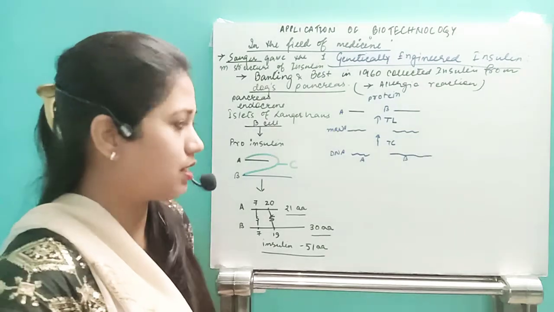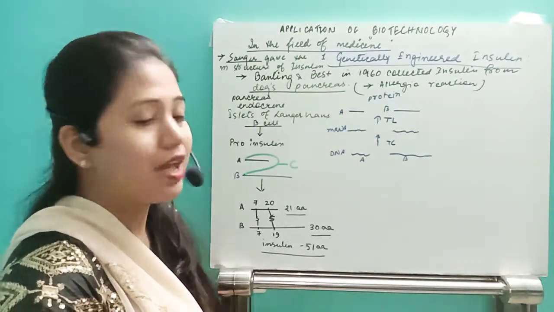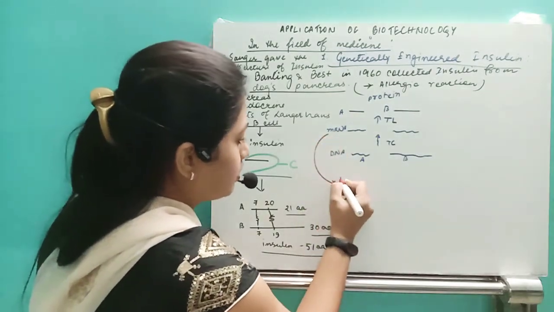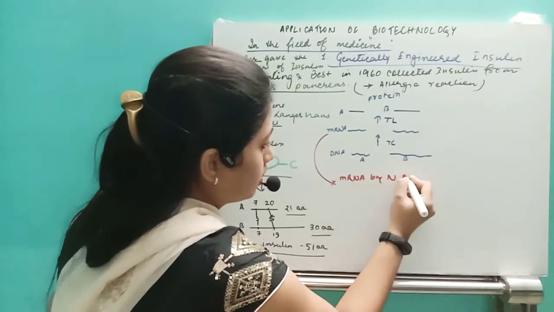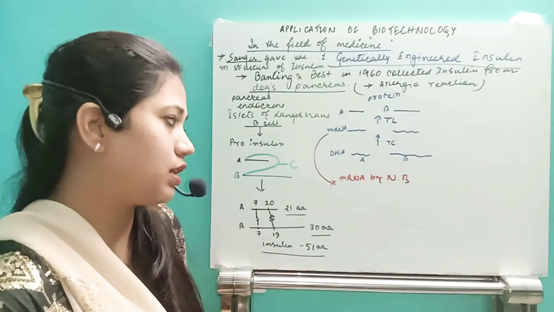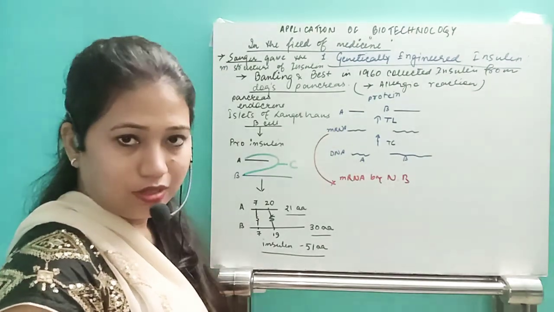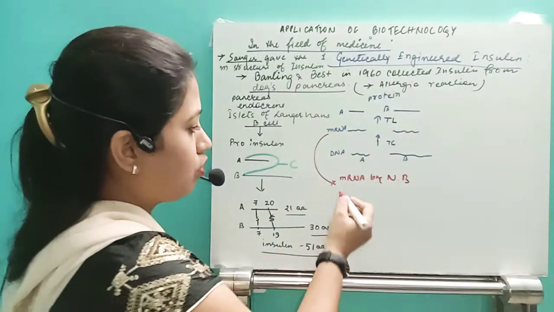Now just see what is happening. What have the scientists done? The scientists have collected the mRNA by the northern blotting technique. I have already mentioned in the earlier chapter that there are different techniques for the separation of mRNA, that is the northern blotting.